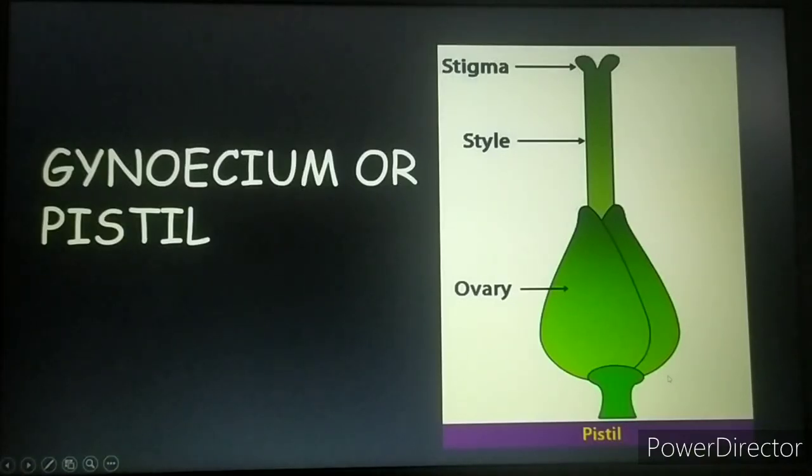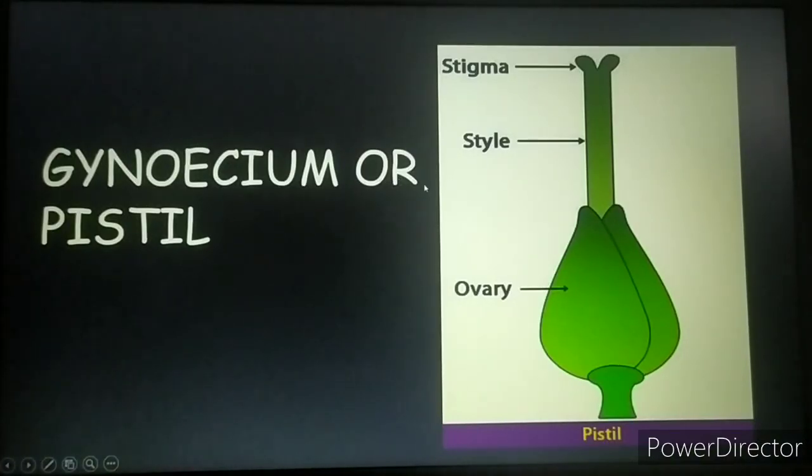We use flasks in our houses for keeping water. So this structure somewhat looks like a flask, and it is called the gynoecium or pistil or carpel. It is the female reproductive organ.